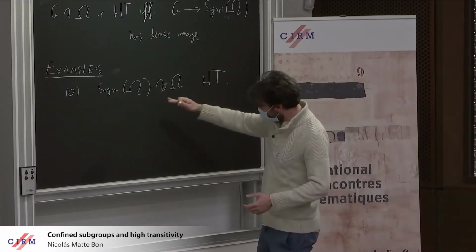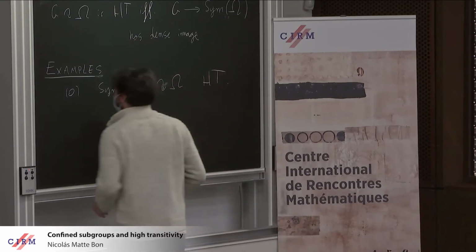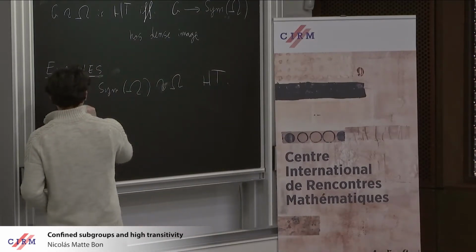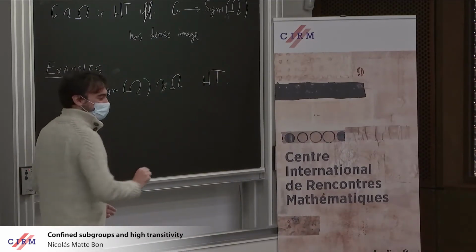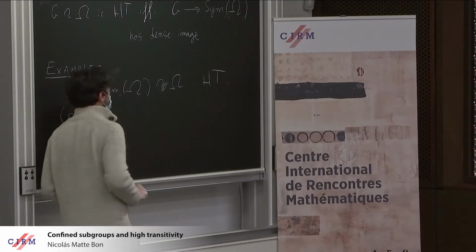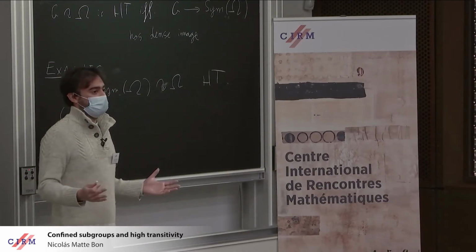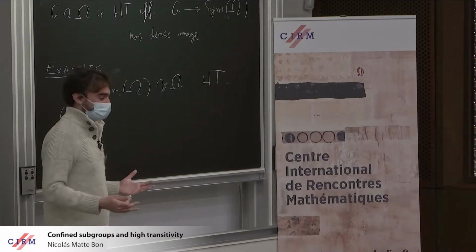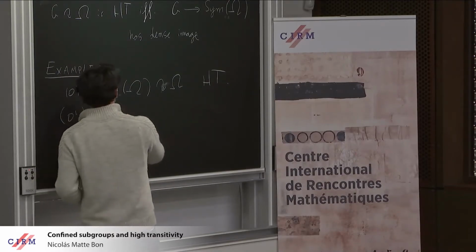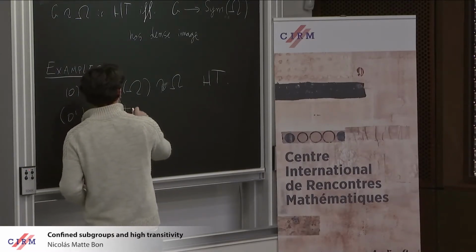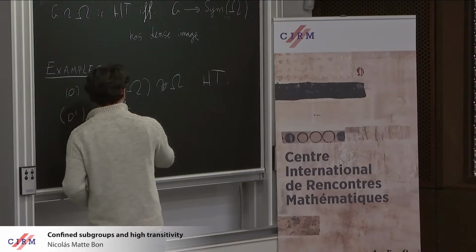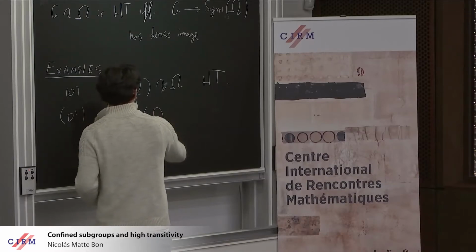A slightly smaller group in here, example 0 prime, is the group of finitely supported permutations. It's still highly transitive. And more generally, you can define the alternating subgroup of finitely supported permutations.